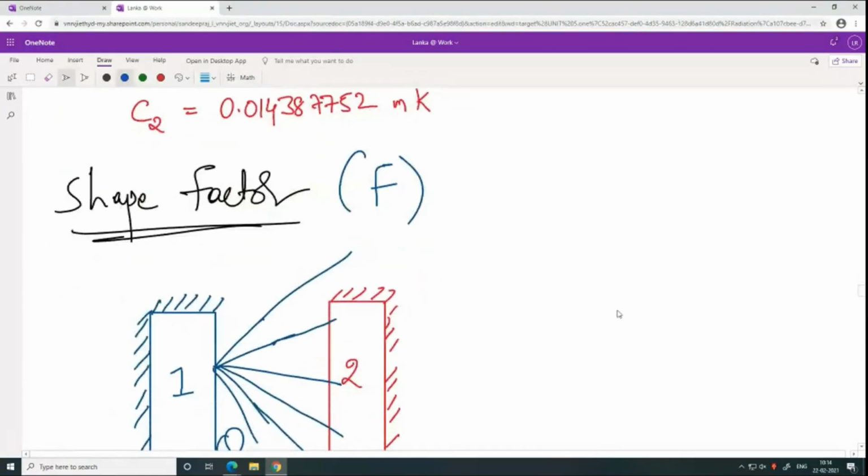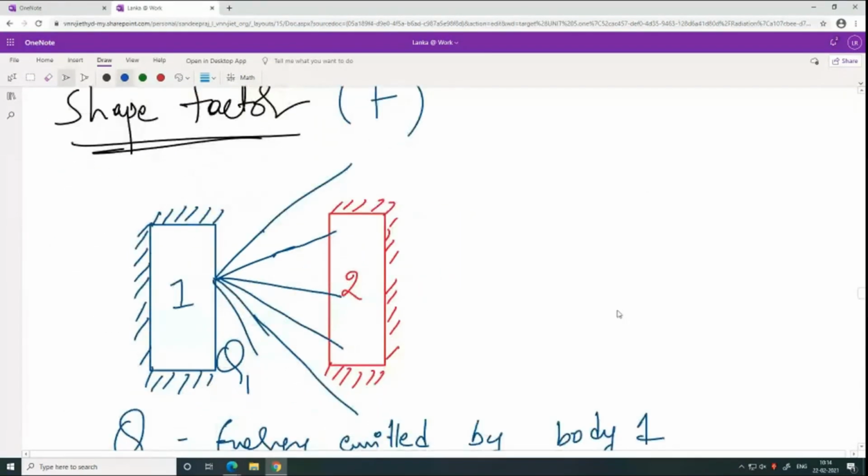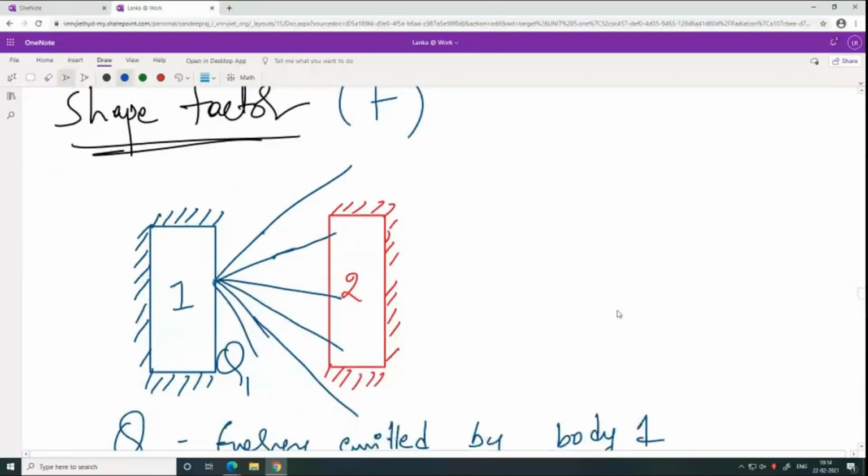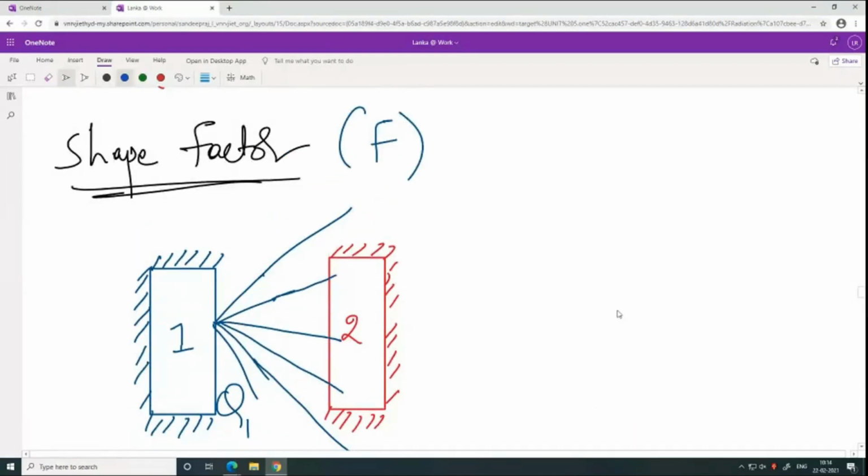So moving ahead, what we have is a shape factor. This is a concept that I told you is a very important thing. So let us spend time here today. I'll slowly tell you what we have seen in the last class regarding this shape factor.